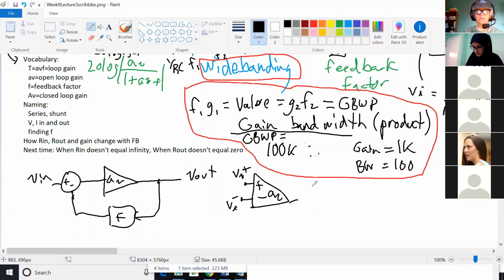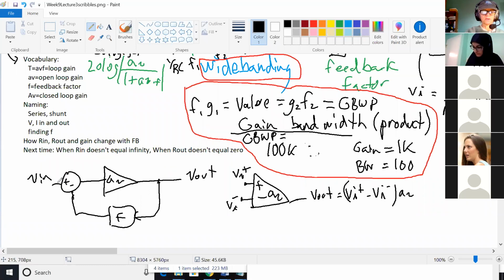So V out actually equals V plus minus V minus times whatever the gain of your op-amp is. So what's happening here is you take the difference of that and multiply it by some number. And that's exactly what this model is here.